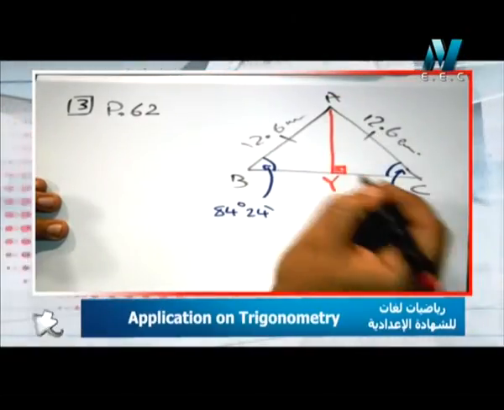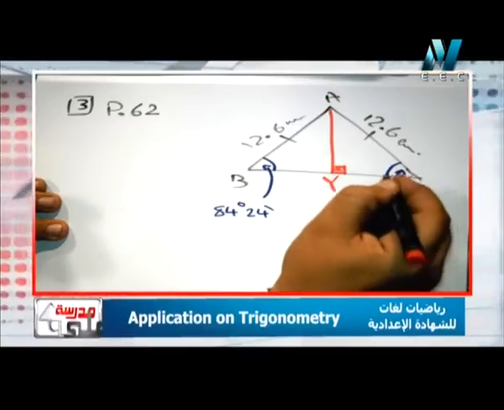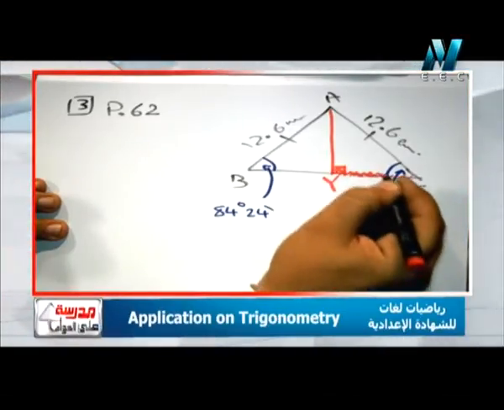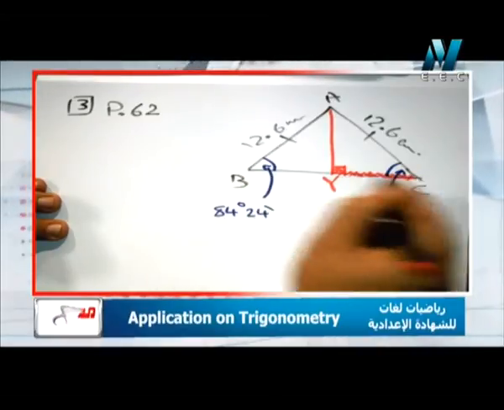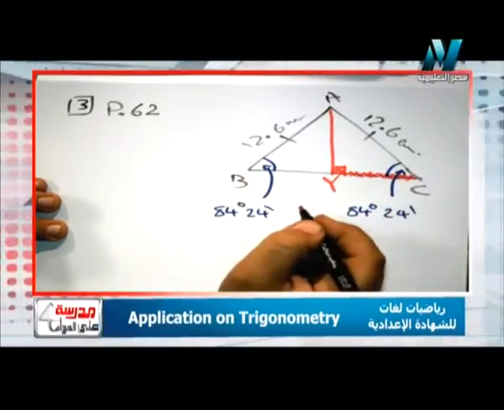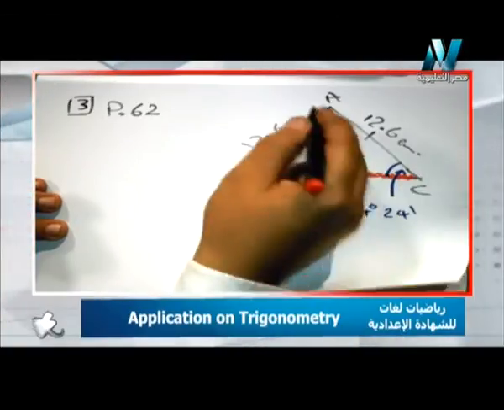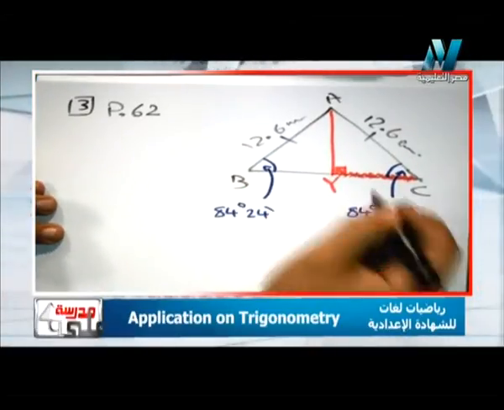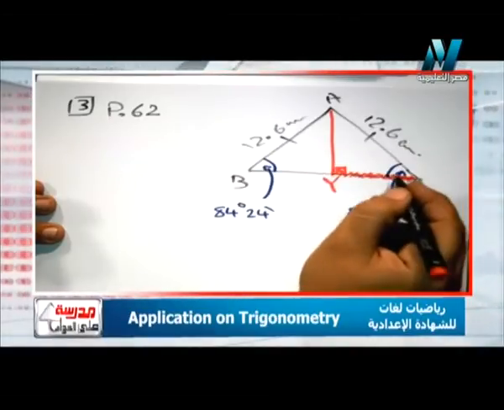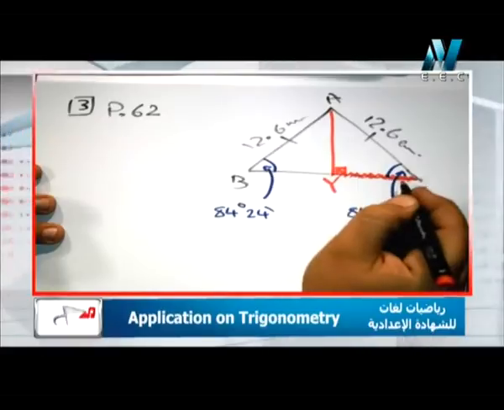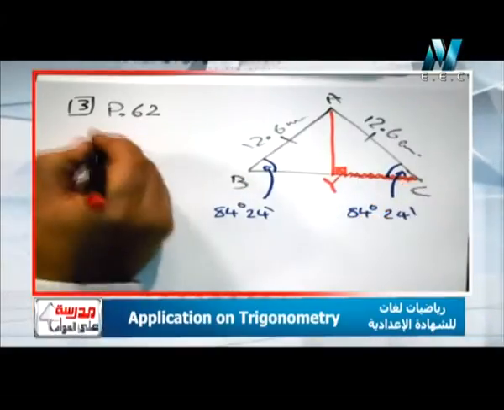If I can find the length of CY, of course I can find the length of BC. So my aim now is to find the length of CY in this right angle triangle. I have the length of the hypotenuse, I have the measure of angle C, and CY is the adjacent side of angle C. So I'm going to use cosine.